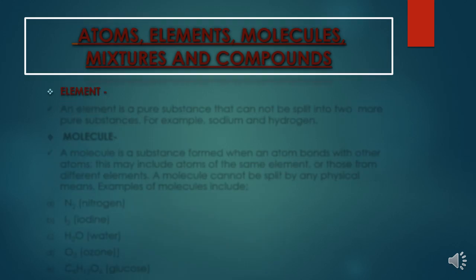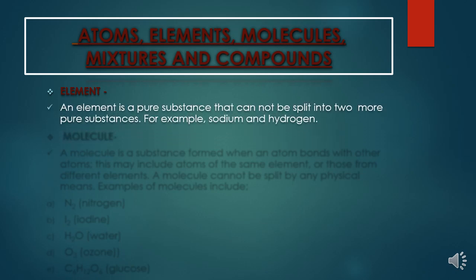So after learning about the atom, we actually need to understand what an element is. An element is defined as a pure substance that cannot be split into two or more different pure substances. For example, sodium or hydrogen. Regardless of how many times you split it up or cut it up physically, just know that it cannot be split up into different substances.